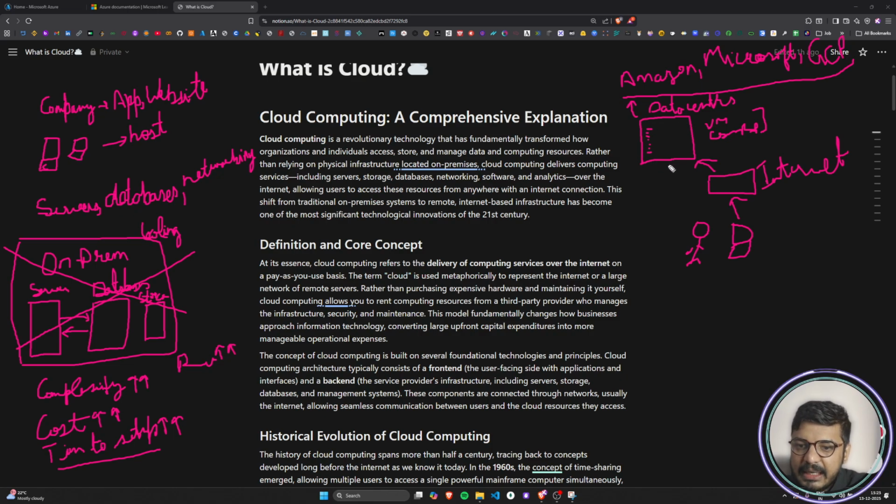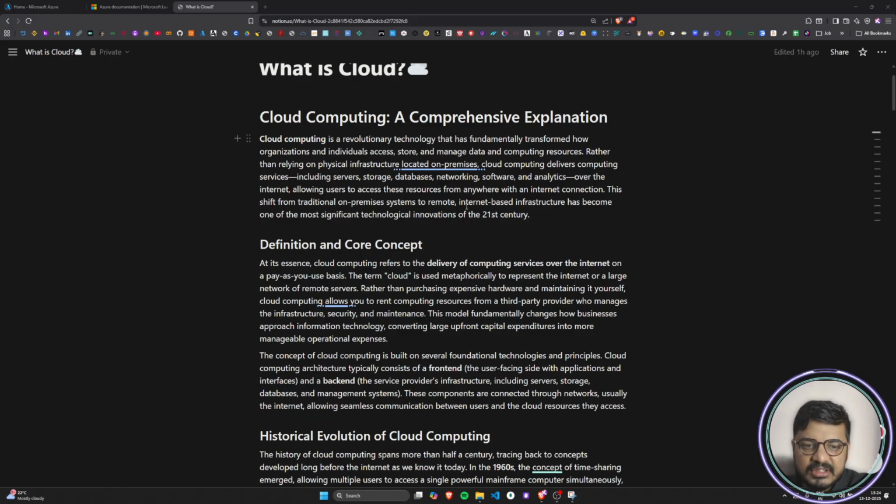All the maintenance and each and everything will be the headache of the cloud service provider. So this was a great shift in the 21st century, from a traditional on-prem system to a remote cloud system. It is present somewhere else and I can access it sitting in any corner of the world.